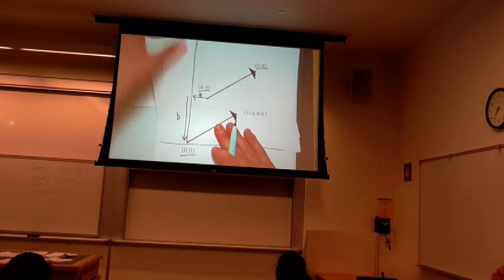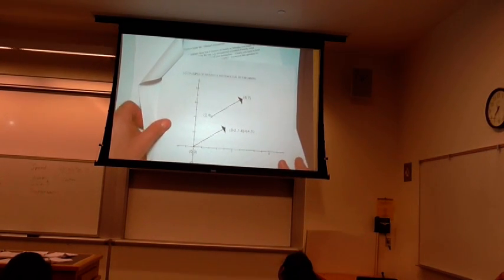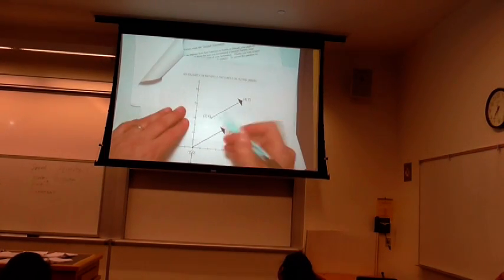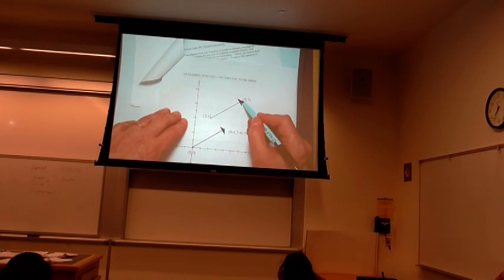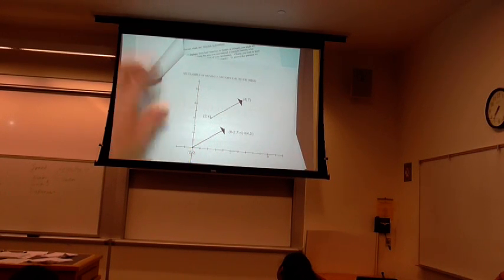And this is very important because we have a name for this new type of vector. Oh, here's actually an example with numbers, right? So I have a vector that goes from 2, 4 to 6, 7, and now I've moved it to 0, 0, 4, 3. It's the same vector.